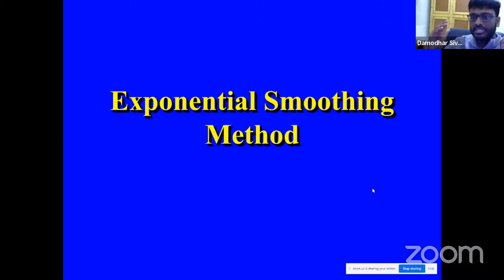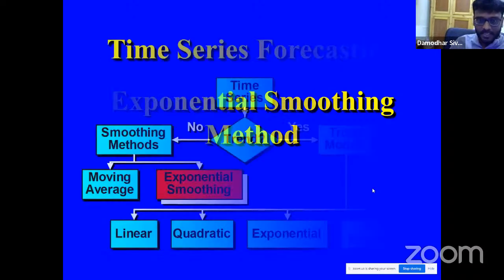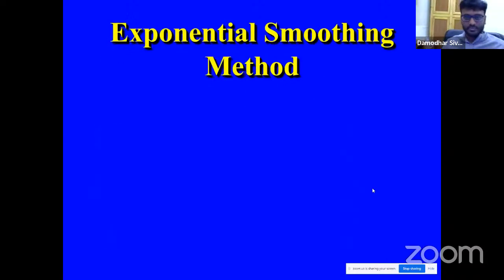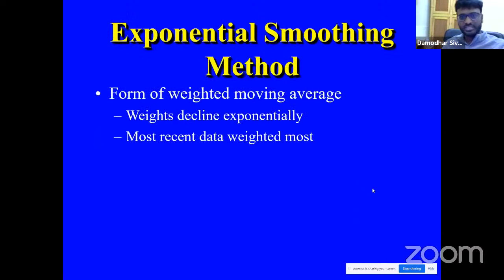The weightage will decay exponentially, so the old value, maybe t minus n, will get less weightage, approximately zero, such that the latest values have the impact on the future prediction. This is exponential smoothing. The weights decline exponentially, and the most recent data gets the most weightage. This is common sense, engineering sense, or the forecasting sense.